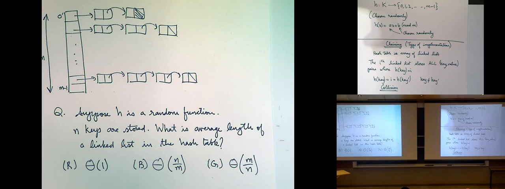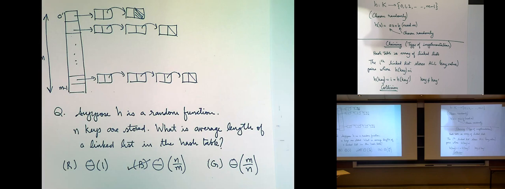What is the average length? Even if you forget random or not, it's roughly n over m. You have n things stored in m bins. It's nothing fancier than that.